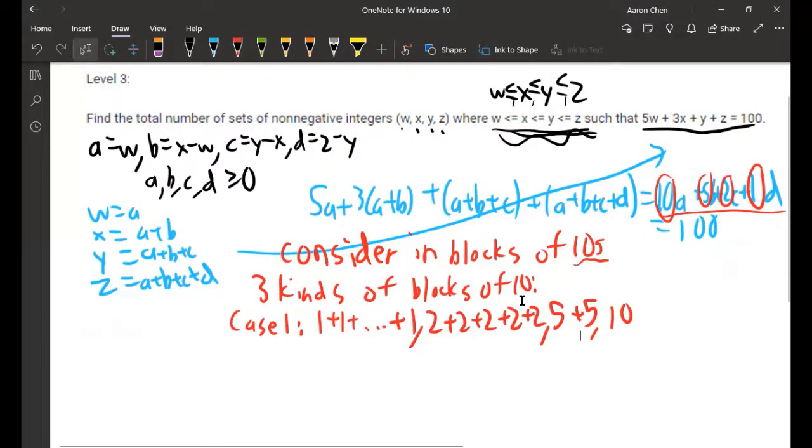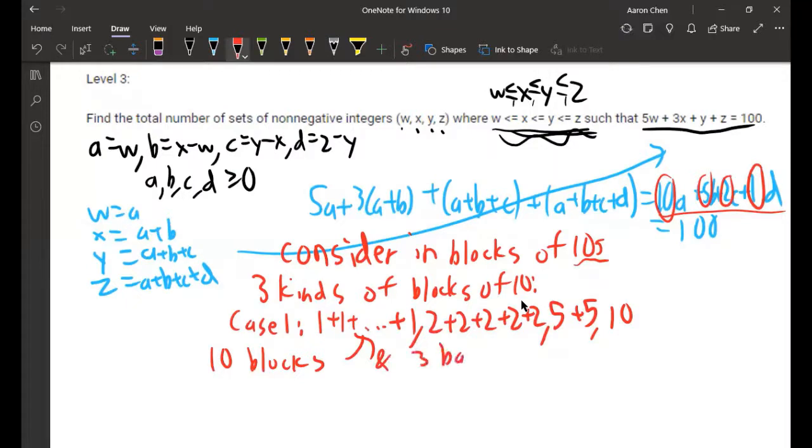If we do these 10 blocks using only these kinds of blocks, then this is equivalent to stars and bars, where there are 10 stars or blocks as written here, and 3 bars, because there are a total of 4 different kinds.